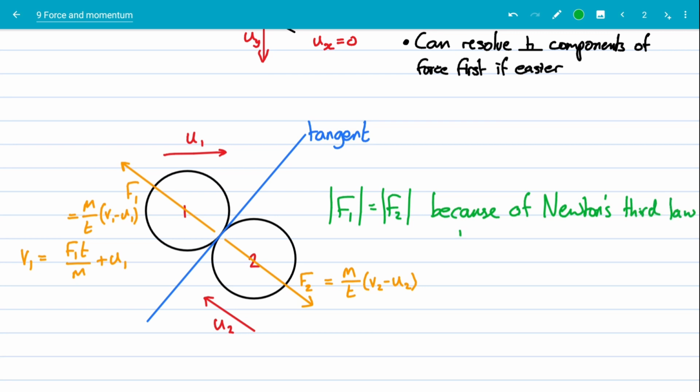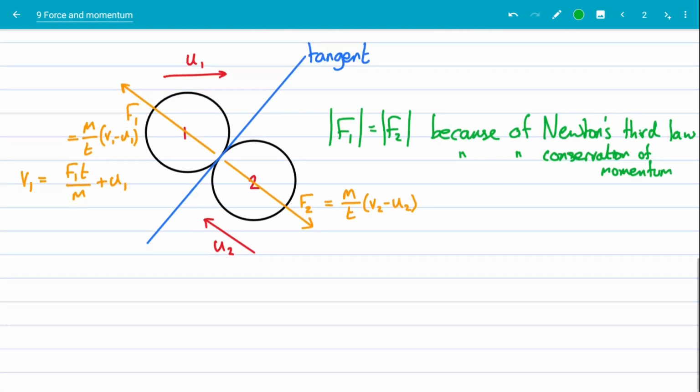It's also because of conservation of momentum. Conservation of momentum is a consequence of Newton's third law, or perhaps Newton's third law is a consequence of conservation of momentum.